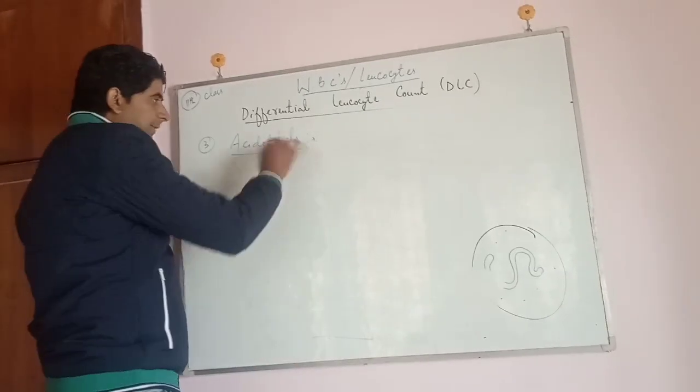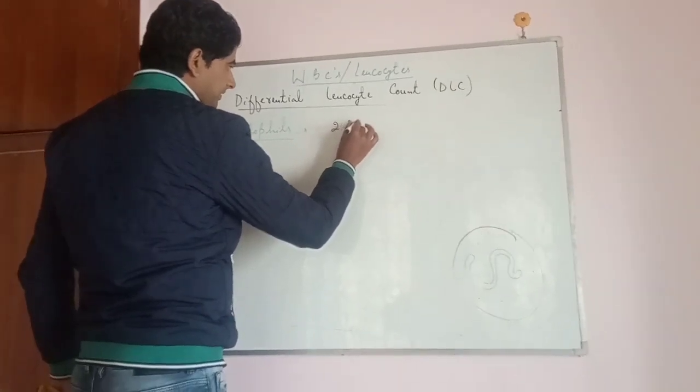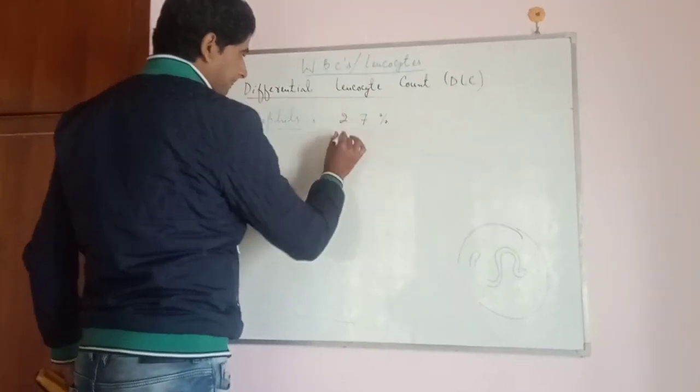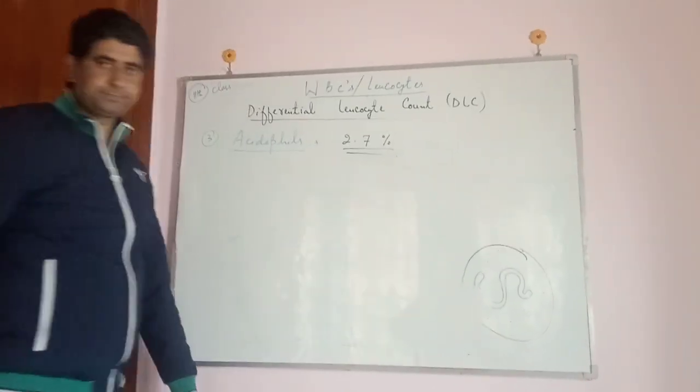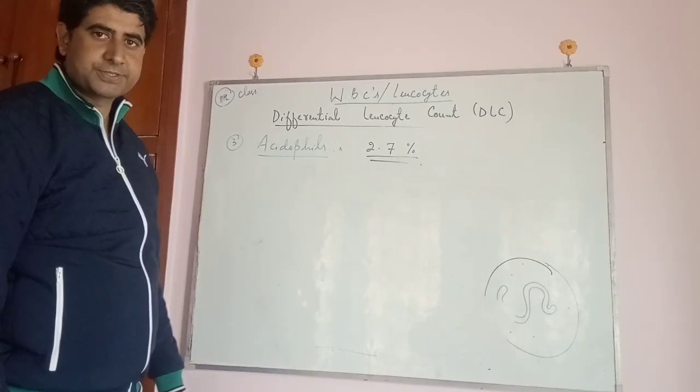First of all, their percentage is near about 2.7%. That means these are much higher than the basophils.